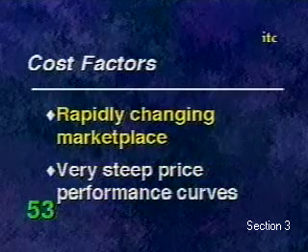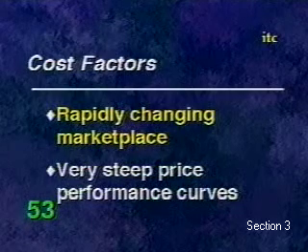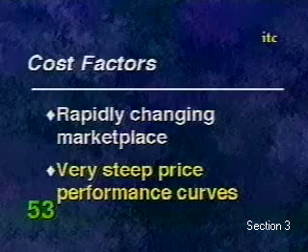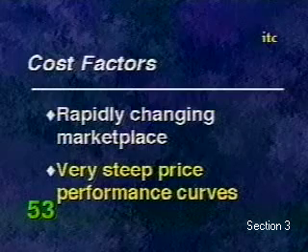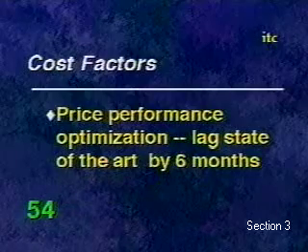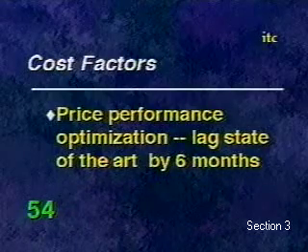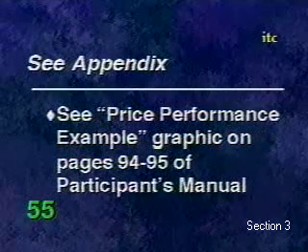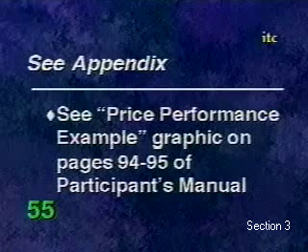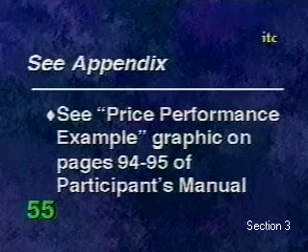The IT marketplace is subject to rapidly changing IT marketing dynamics, often creating very steep price-performance curves. Often, great IT price performance can be achieved by lagging the state-of-the-art by about 6 months. For example, consider the IBM PC Intel processor performance over the last 4 years.